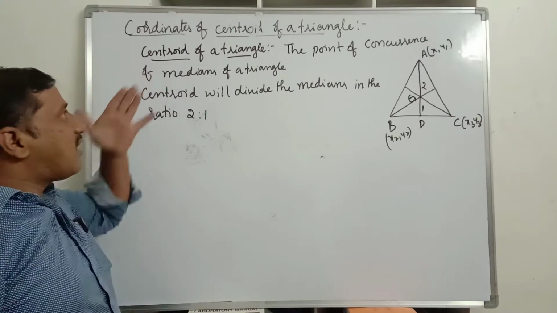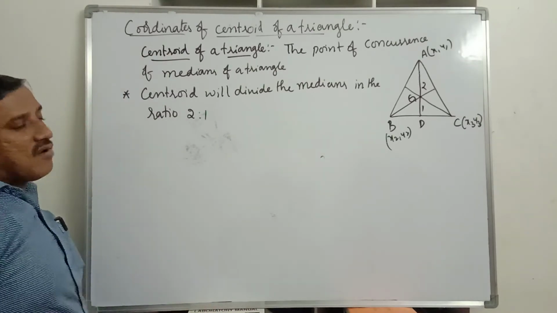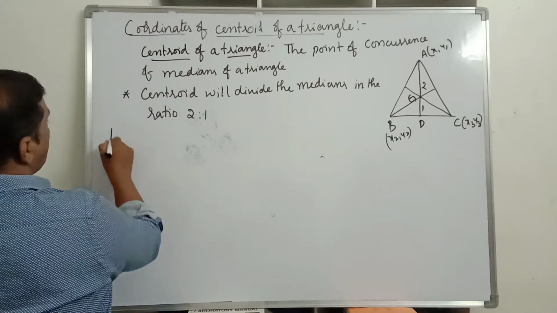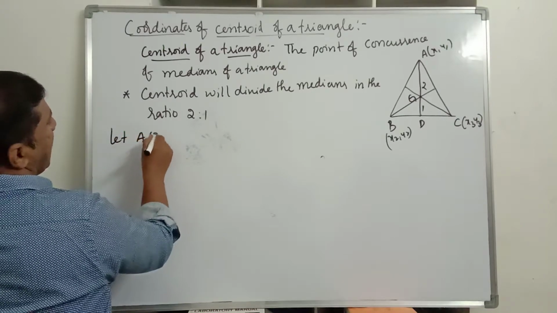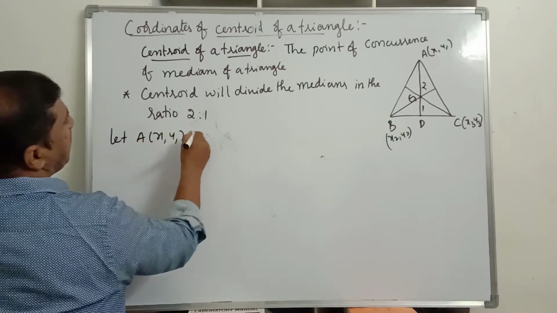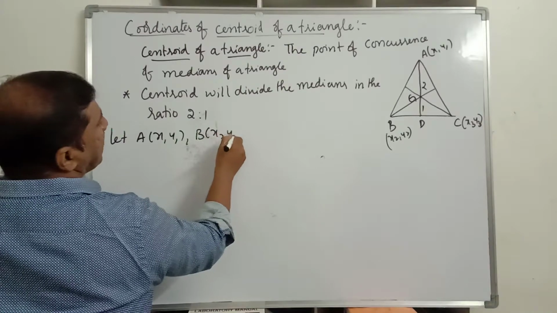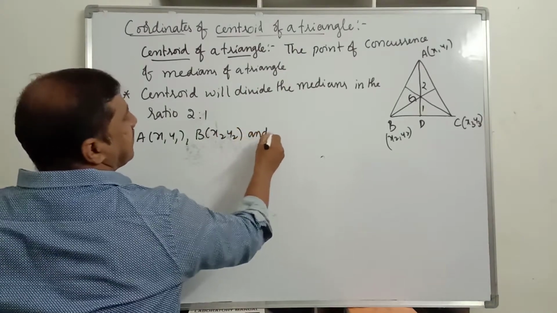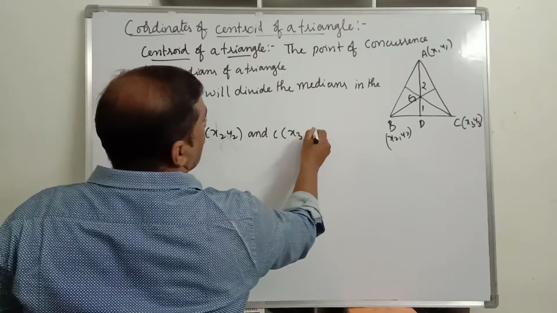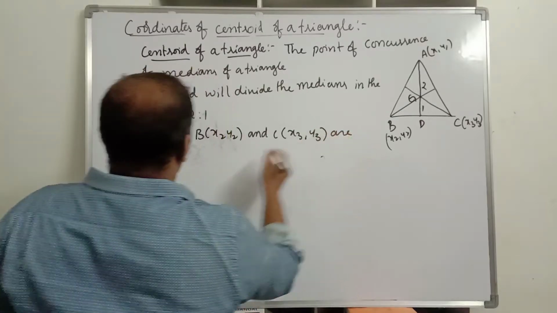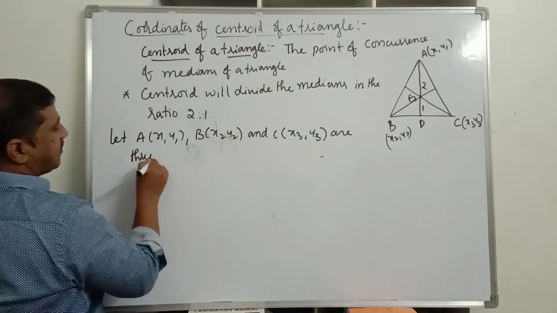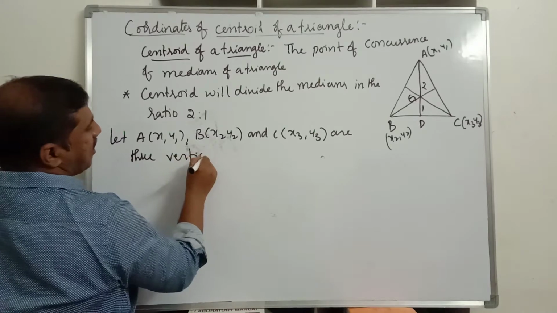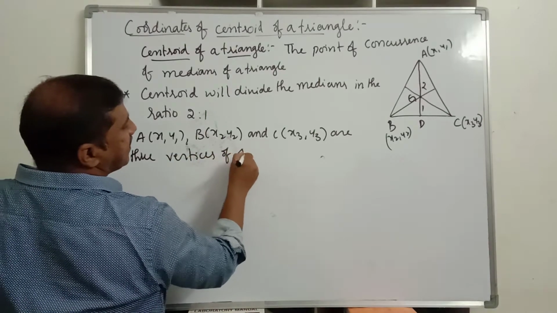Now how do we find the coordinates of the centroid of a triangle? Let A (x1, y1), B (x2, y2) and C (x3, y3) be the three vertices of triangle ABC.